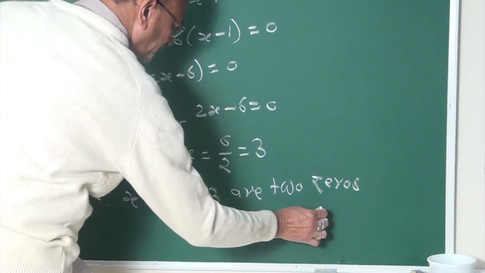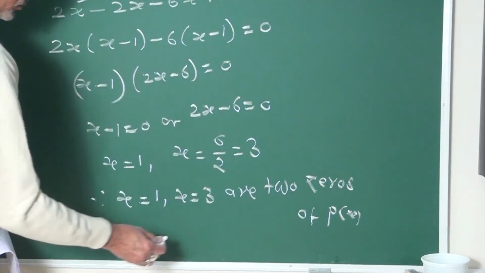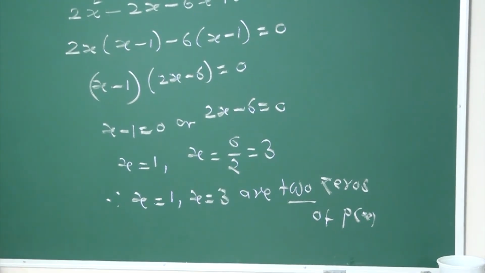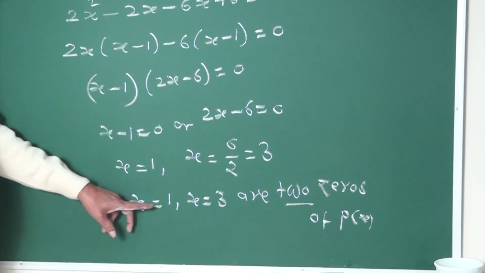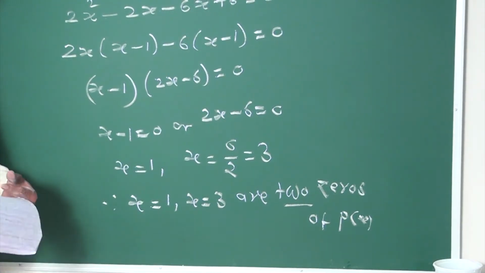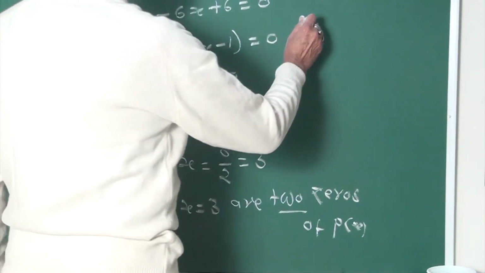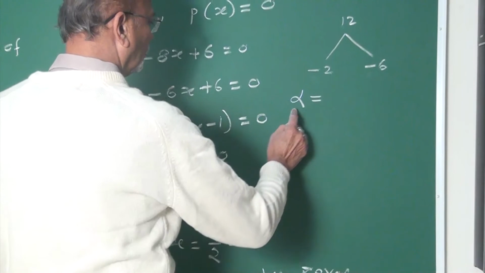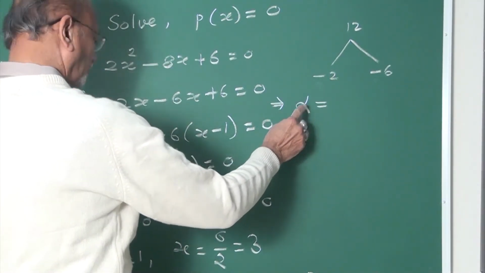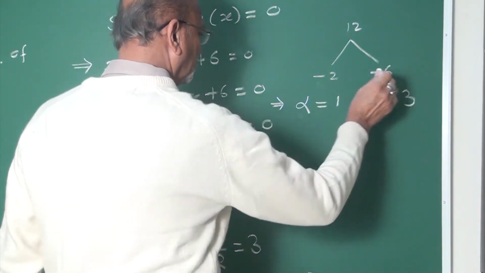of p(x). Two zeros of p(x), yes, my friends. There are two different values: x is 1, x is 3. These two different values we denote by taking alpha equal to 1, this is one value of x, and beta equal to 3.